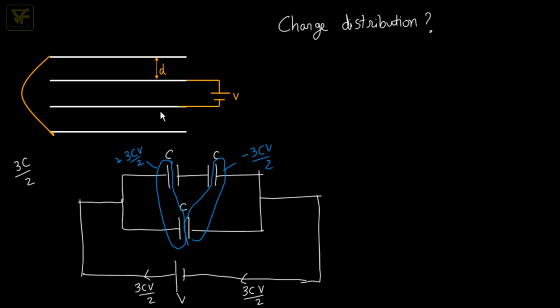Okay, and what do I mean by that? I mean that if this battery gives 3CV by 2 charge, then the total charge on this plate is 3CV by 2, and total charge on this plate is minus 3CV by 2.